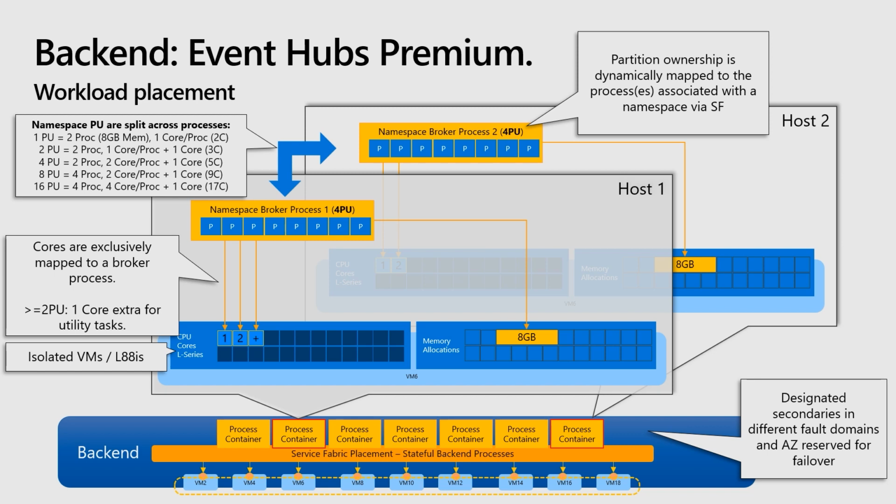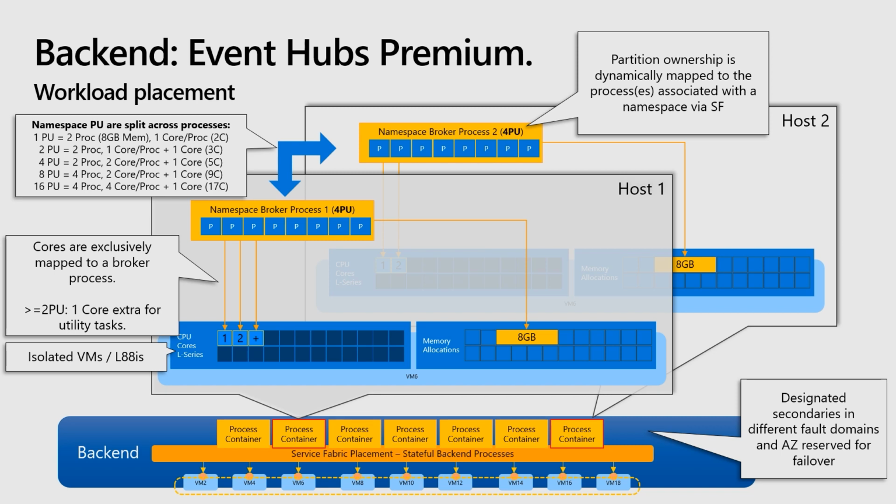With Premium, we give you a broker inside of a broker, where effectively you're buying these what we call premium units, and what they give you is effectively cores. So when you buy one PU, you get 2 processors, so 2 virtual CPUs, and 8 gigabytes of memory. You get 2 processes on 2 different hosts, each with 1 core, and a total of 2 cores.